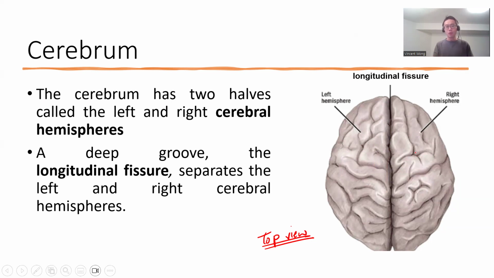That deep groove is called the longitudinal fissure. A fissure is deeper than a sulcus. If it's a shallow groove, we say sulcus. If it's very deep, we say a fissure. So the two hemispheres are separated by the longitudinal fissure, which is right in the middle.